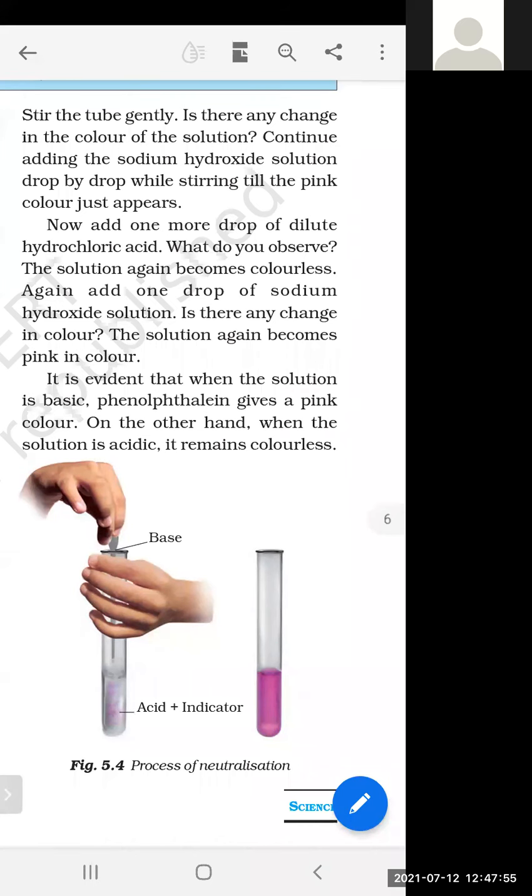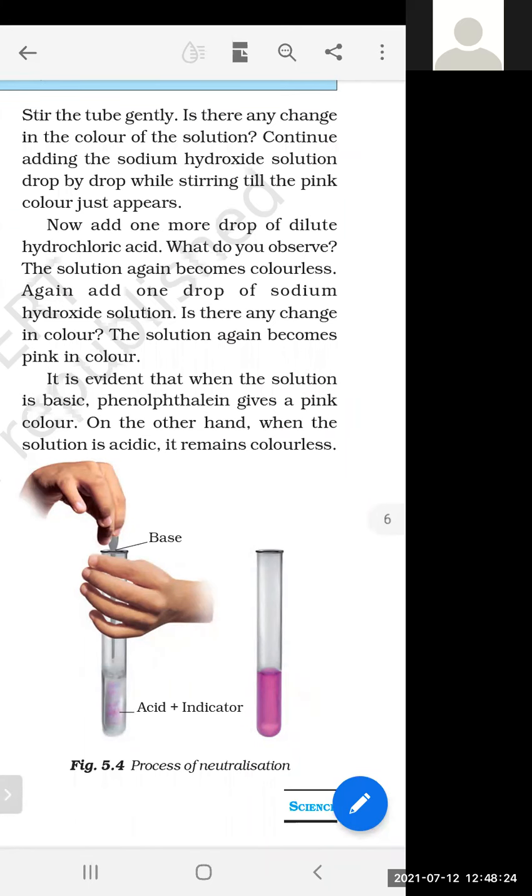Now add one more drop of dilute hydrochloric acid. What do you observe? The solution again becomes colorless. So what we have performed: we take a test tube having some acid. We add a few drops of phenolphthalein solution. It remains colorless. Then we add some base drop by drop till the color becomes pink.